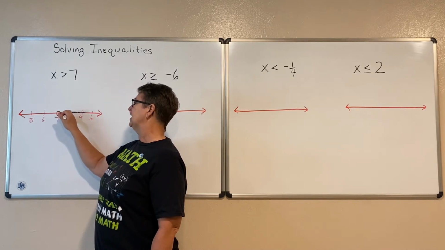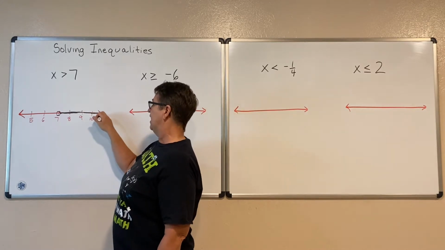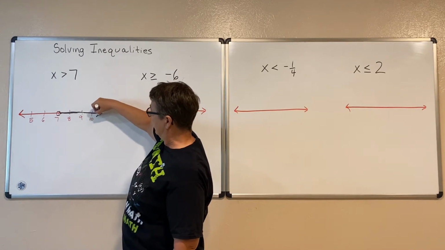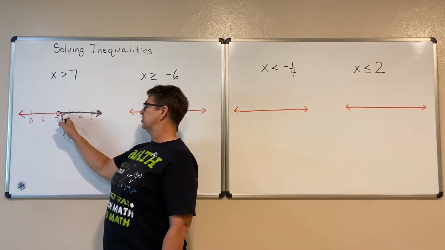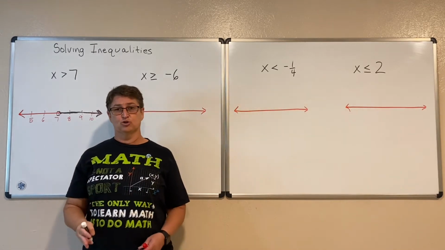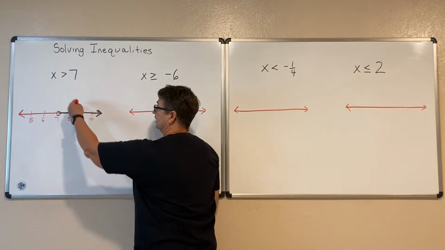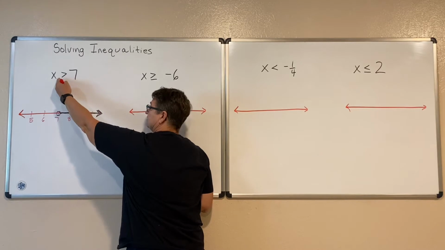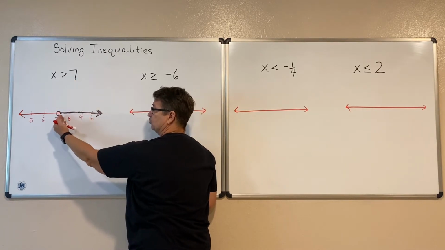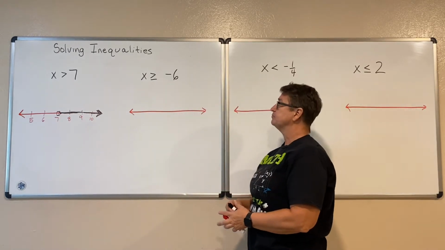But it could be any other value that is larger or greater than 7. And to get out there to a million, we're even going to color that arrow to show that our solution is anything on this side of 7 our x value could be. So this just visually shows us on a number line that x can be anything greater than 7.